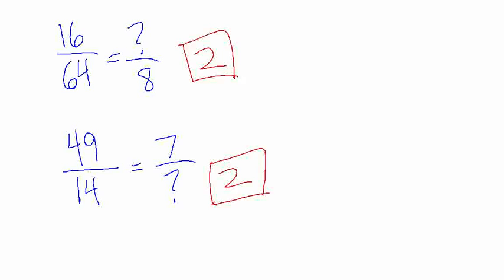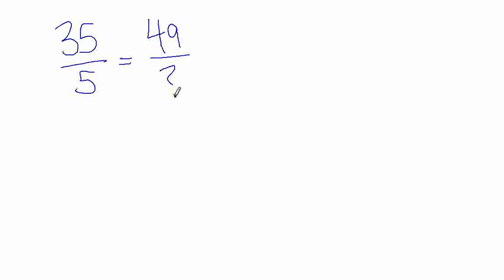What about the following problem? 35 over 5 is equal to 49 over some unknown number. Can you pause the video and try to solve that one? Okay, I'll go ahead and solve this one.